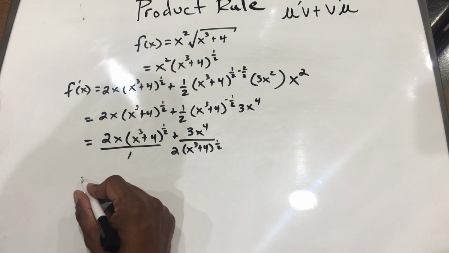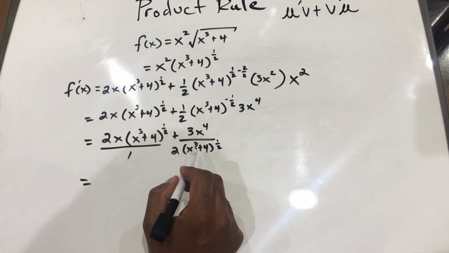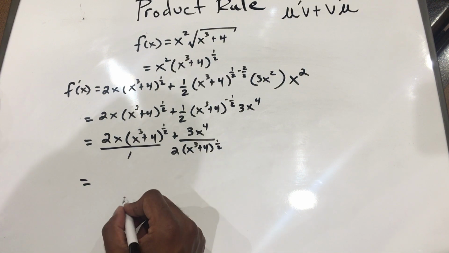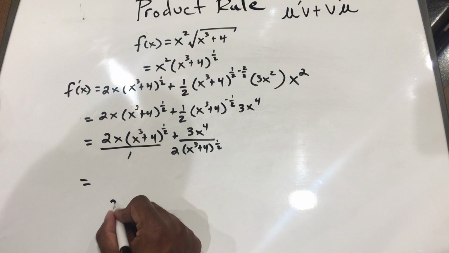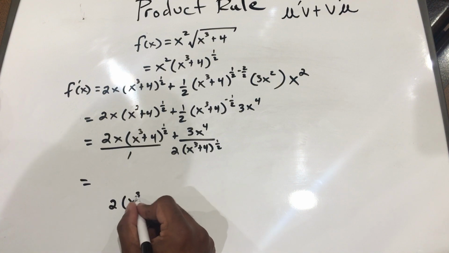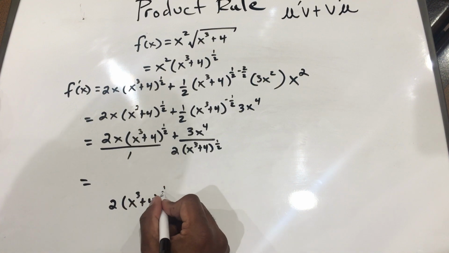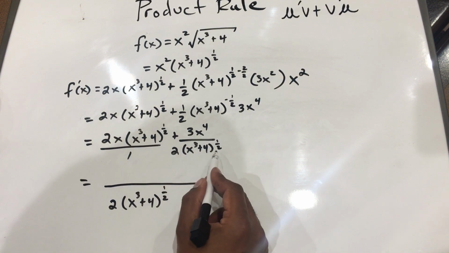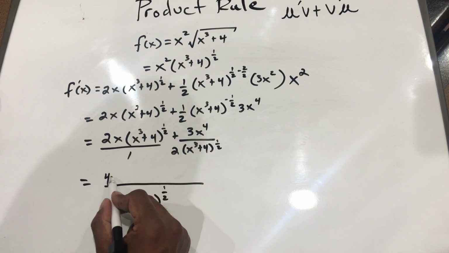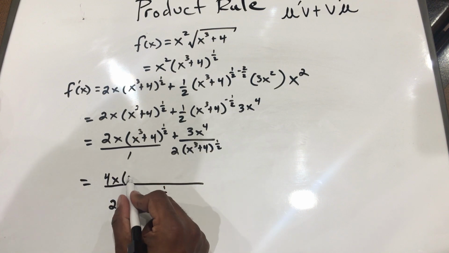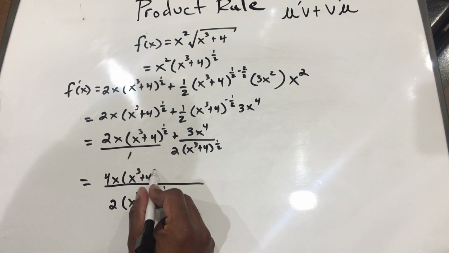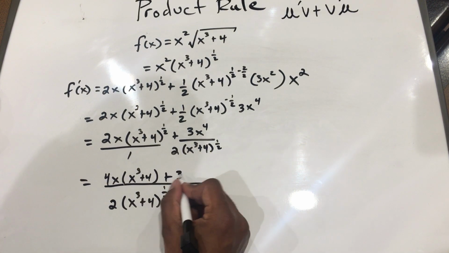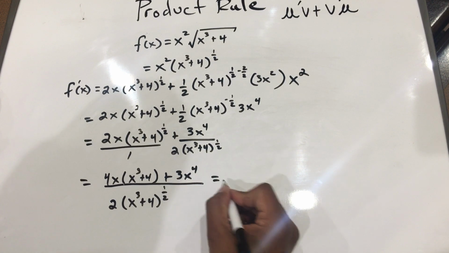Put this over 1, and now we're going to multiply across because we want to make these fractions into one fraction. So 1 times 2 radical x cubed plus 4 to the 1/2 is 2. Two radical x cubed plus 4 to the 1/2 times this will be 4x, open parentheses, x cubed plus 4, plus 1 times 3x to the fourth is 3x to the fourth.